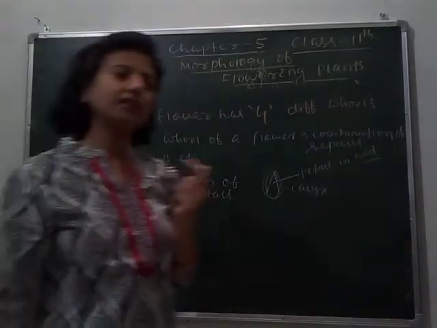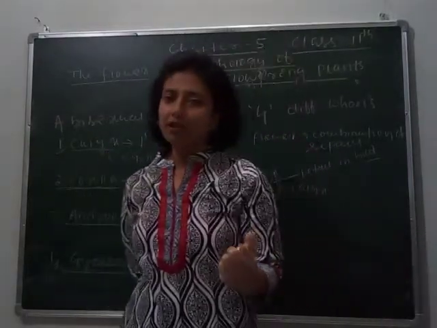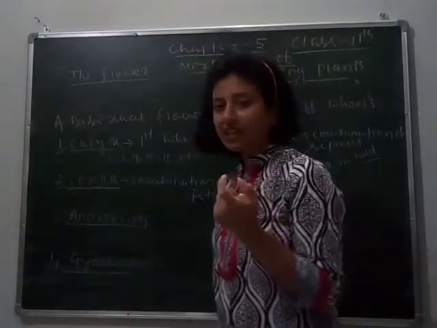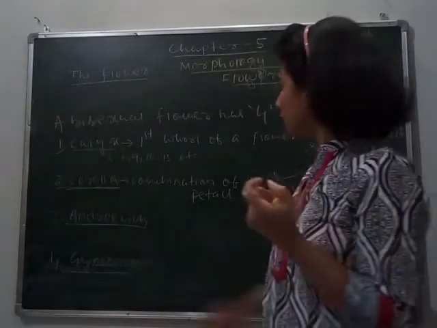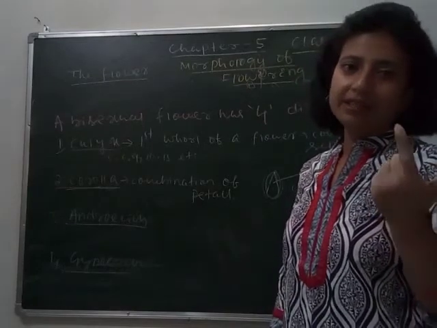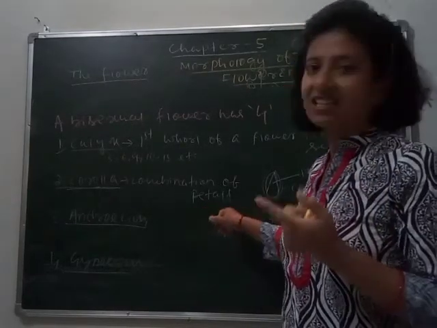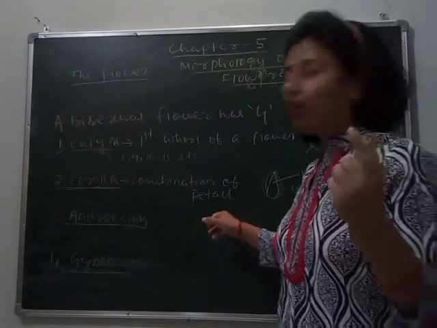As we know, we are attracted towards a flower due to either its color or its fragrance. Insects are also attracted towards a flower due to its petals. Colorful petals, red, yellow, different colored flowers we see around us. So the petals help in the pollination of the flower.